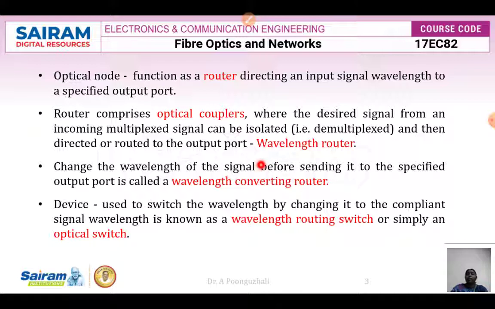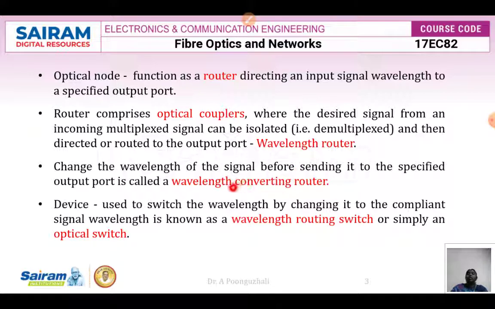The optical coupler receives a multiplex signal, isolates the desired signal, and routes it to the output port. Then it is called a wavelength router.